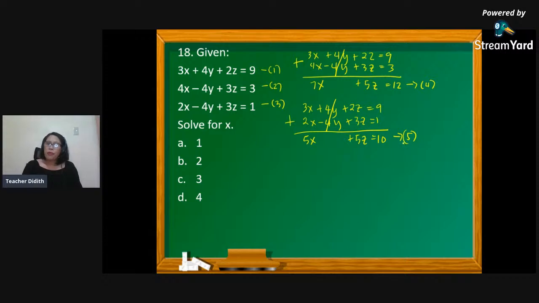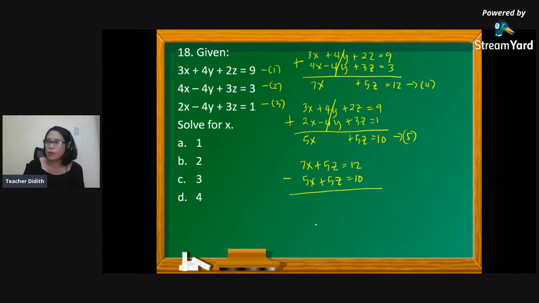Okay, so we are asked to solve for x. Actually we will perform subtraction for us to eliminate z and then we can solve for x now. So let's rewrite equations 4 and 5 here. 7x plus 5z equals 12 and then 5x plus 5z equals 10.